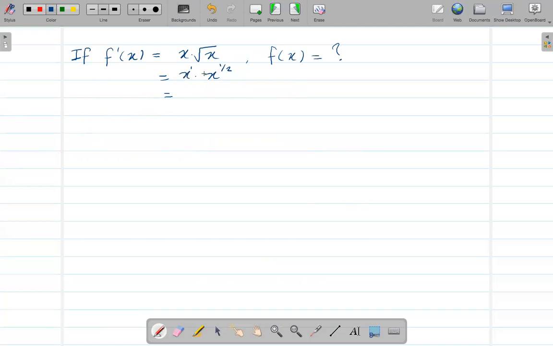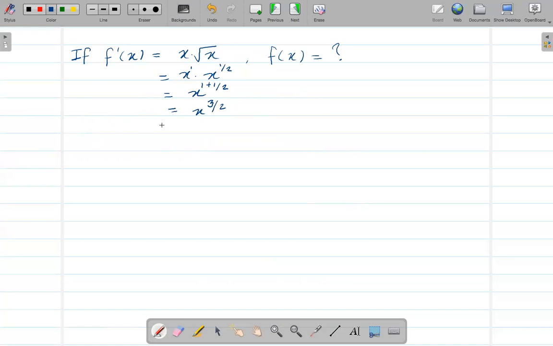Since these two have the same base and we're multiplying them, we can combine them into a single variable and just add the powers. So 1 plus 1/2, which is x to the power 3/2.